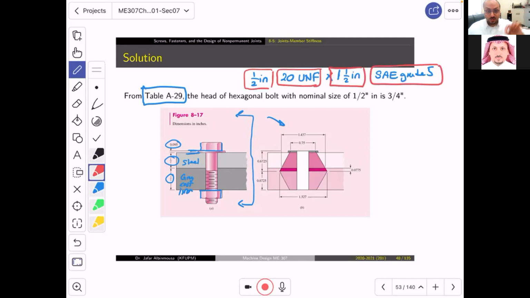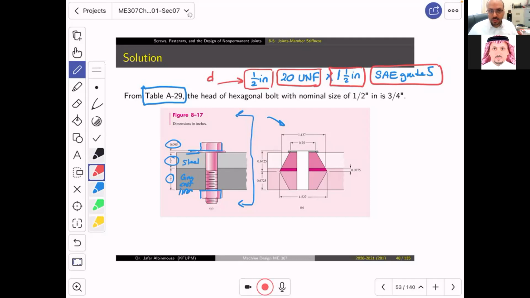The first part is this one. Whenever they tell you a screw is 1/2 inch, what does 1/2 inch mean? It's the diameter. So this one is a small d. 20 UNF. UNF is for fine threading, and 20 tells you the number of threads per inch.